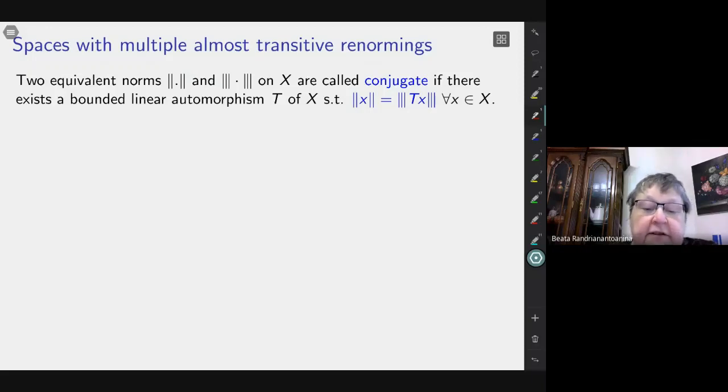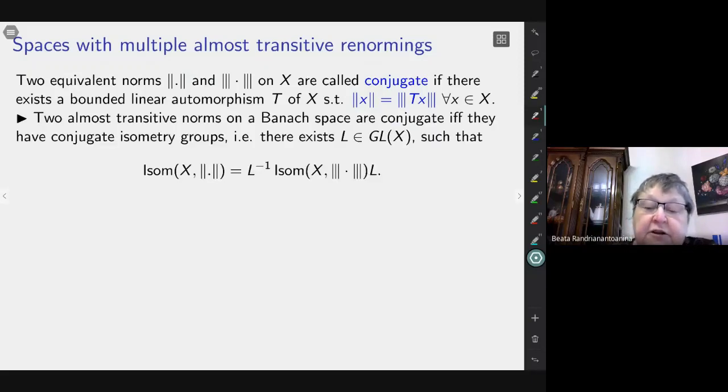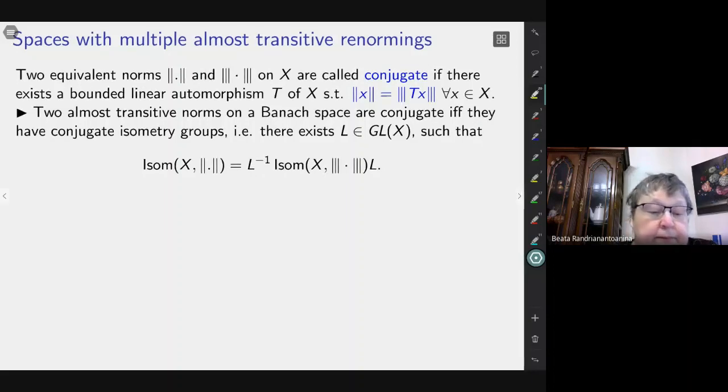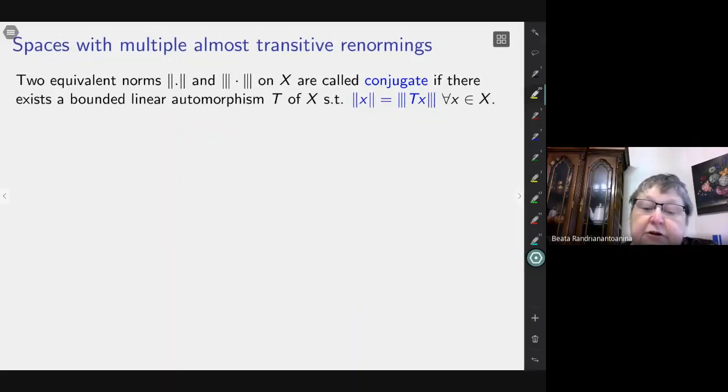But before I get there, let me talk about an even stronger thing over here. I want to talk about a notion of different almost transitive renormings. So first of all, I will introduce this name, conjugate, because in some way one could kind of cheat.